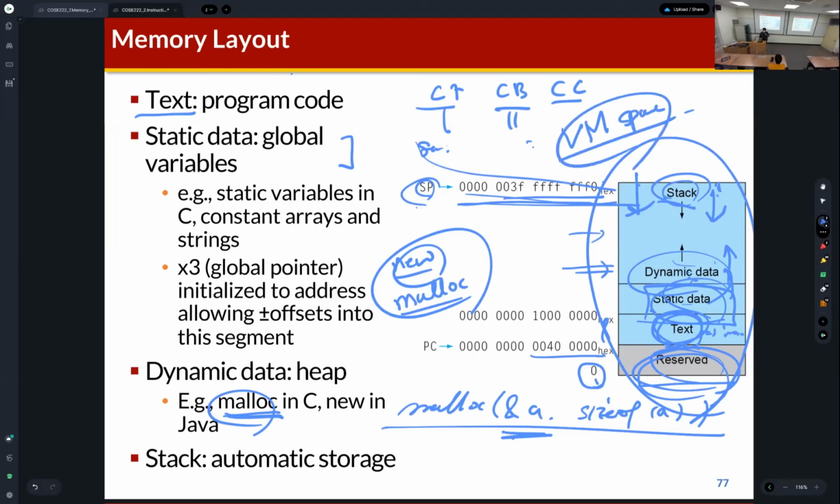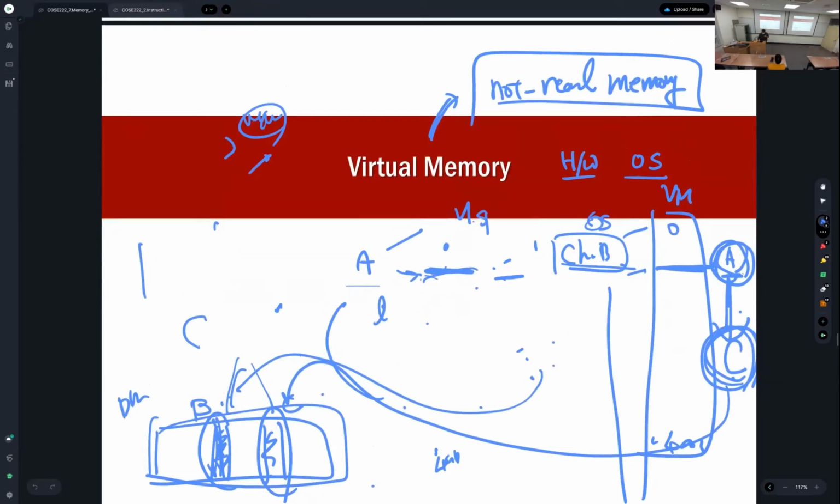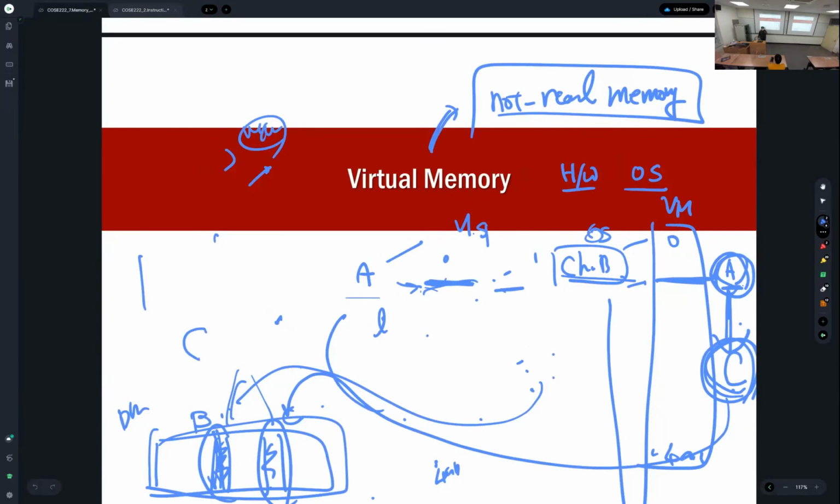And then by the operating system and the CPU, this virtual address is translated to the real address, called the physical address. So using this physical address, the data is accessible. Okay, this is the virtual memory concept. So I briefly explained the virtual memory.